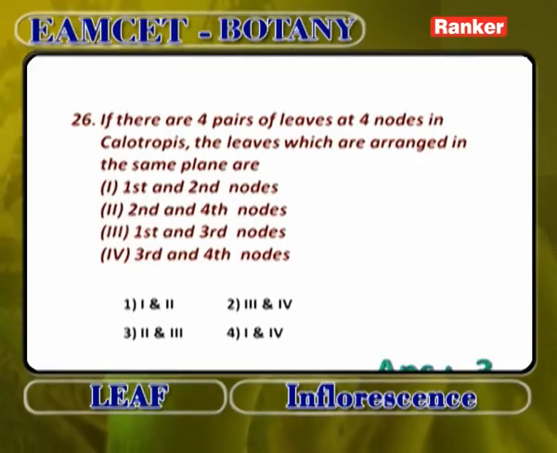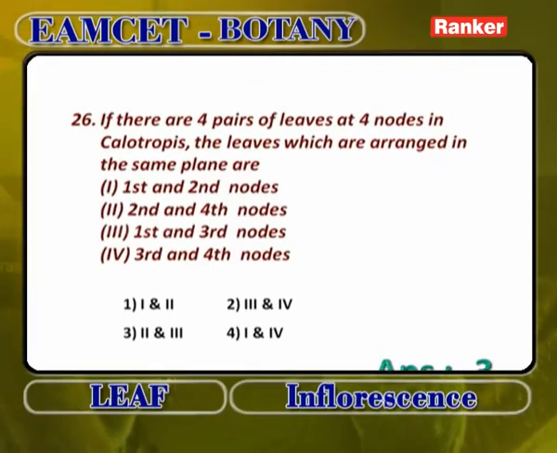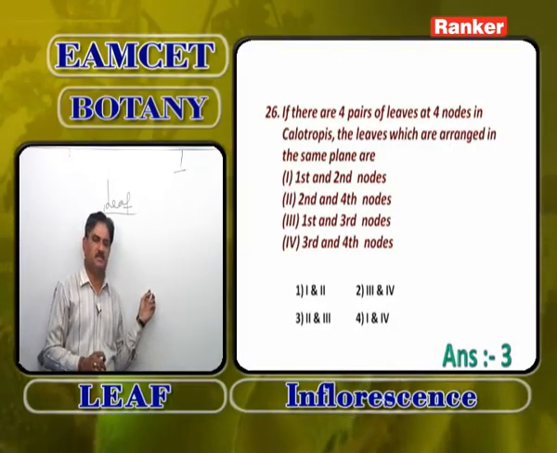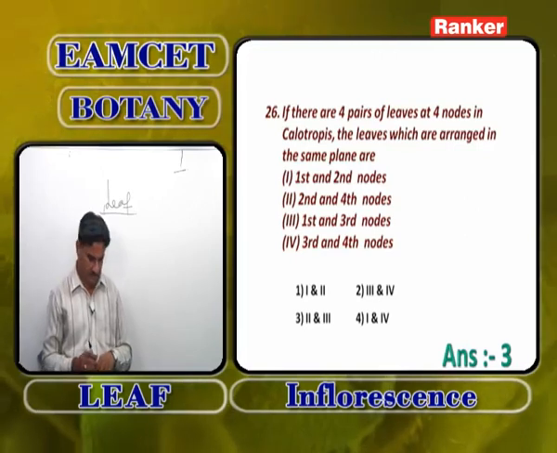Because in the first and third nodes they are arranged in a superimposed manner. In second and fourth nodes they are also superimposed, but at right angles to the first and third nodes. So those arranged in the same plane are 2 and 4, and 1 and 3. 4 pairs of leaves at 4 nodes of Calotropis shows opposite decussate phyllotaxy.